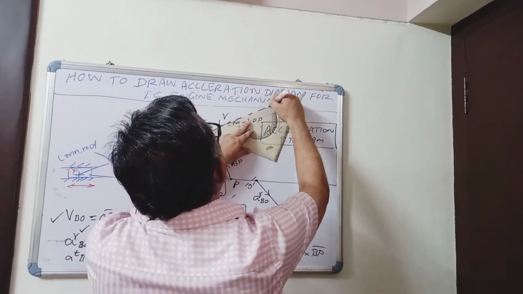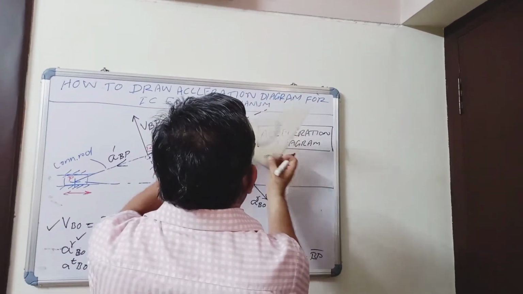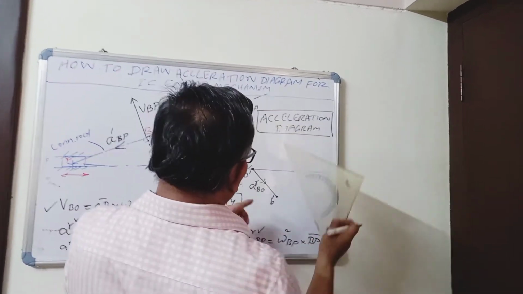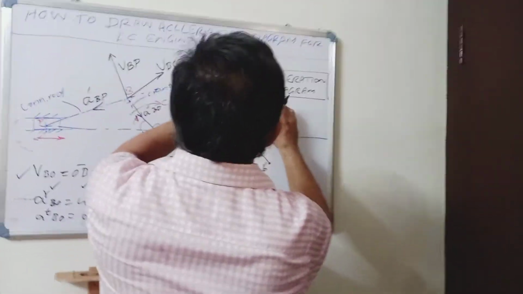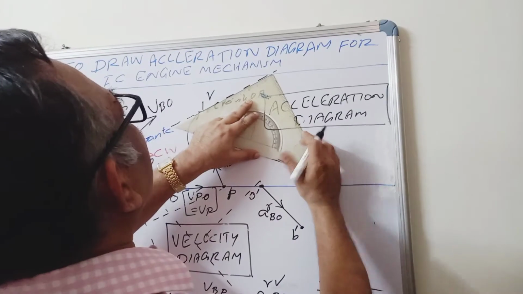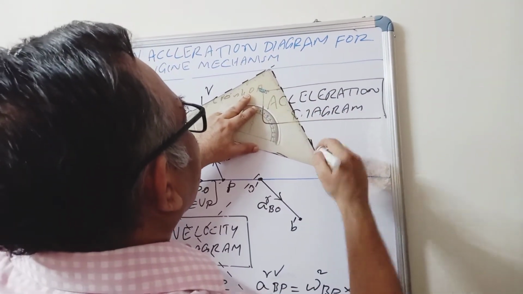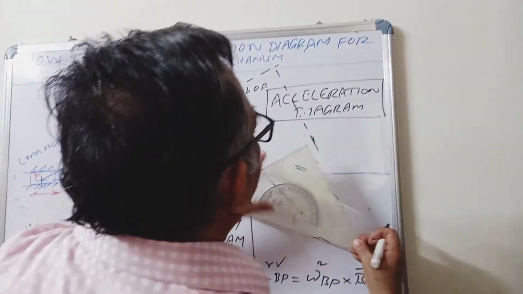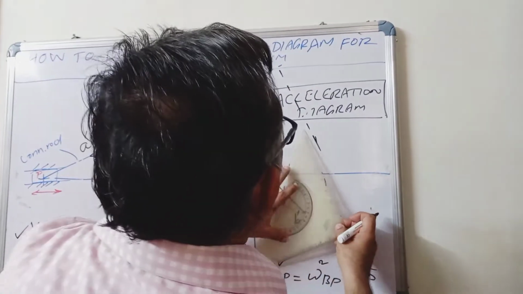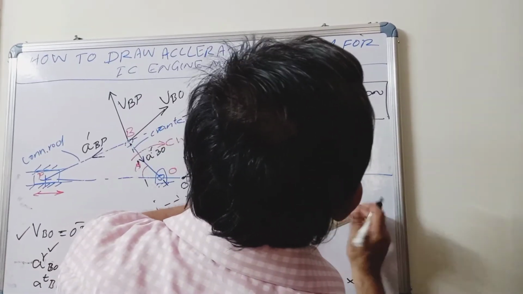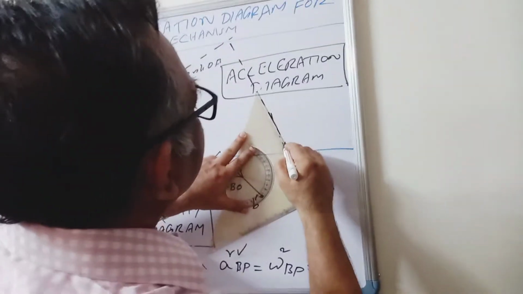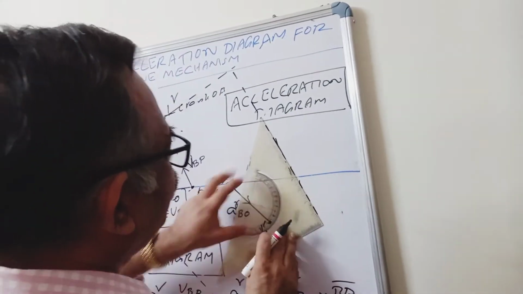And what we'll do is make a perpendicular to this now, like this, right? We'll draw a perpendicular and extend this line like this, right?